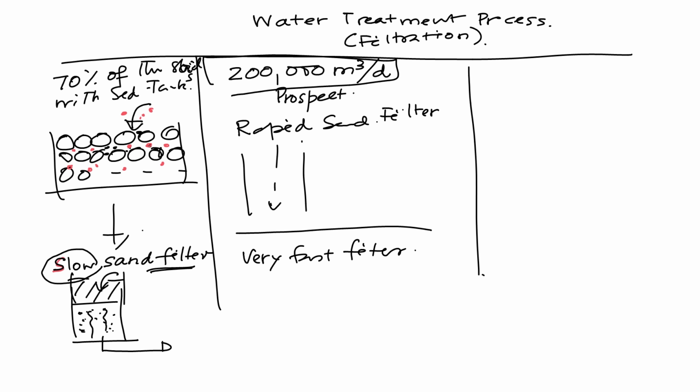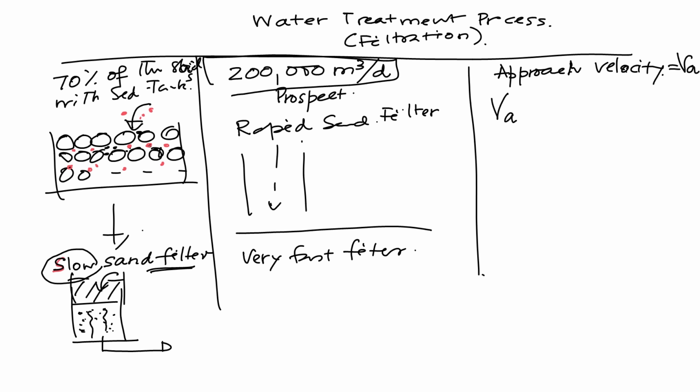Now in order to explain what a filter is and how we separate slow sand filters, rapid sand filters and very fast filters, what I want to describe is what we call the approach velocity, VA.